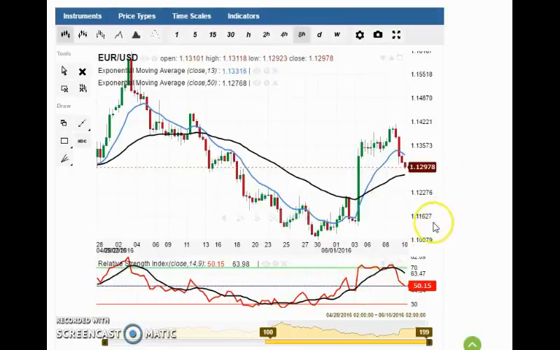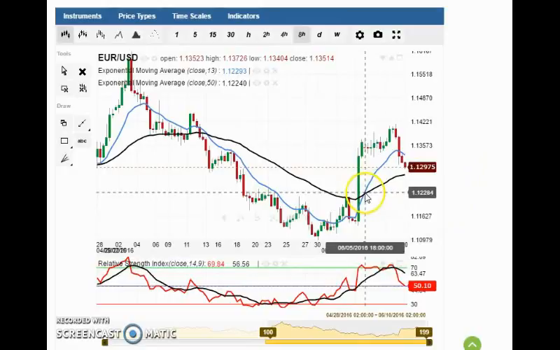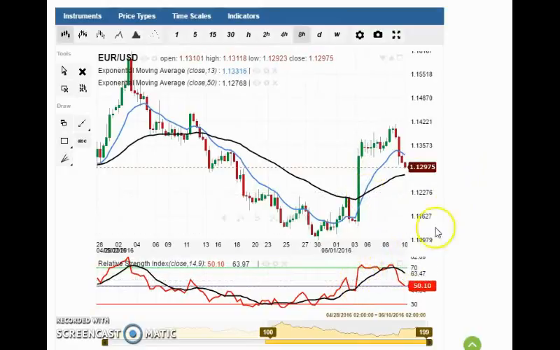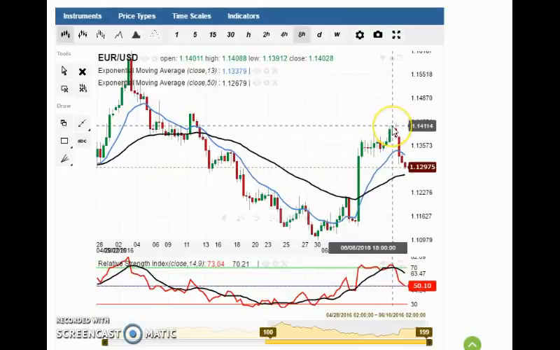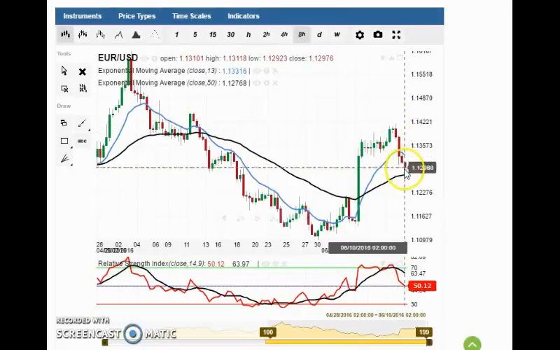Whenever the exponential moving average crossover occurs and the RSI is above 50, that is a confirmed buy signal. So there you have it: crossover, RSI above 50, a rally occurs. When the RSI goes above 70, it is time for us to close our trade and take our money home before what you see happens. That's how a buy signal is confirmed.